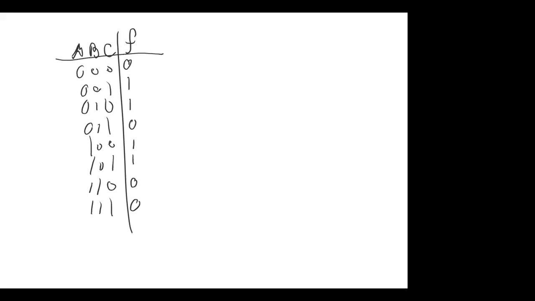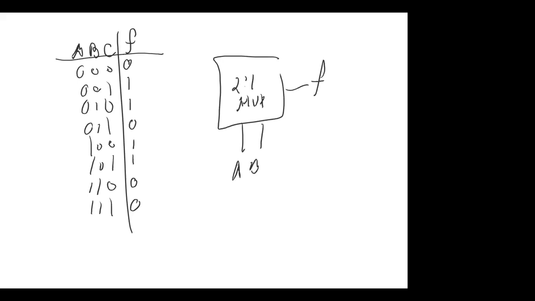Now let's get our little 2-to-1 mux, A and B and F, 0, 1, 2, 3. All right, how shall we wire up the 2-to-1 multiplexer to implement the 3-variable truth table?